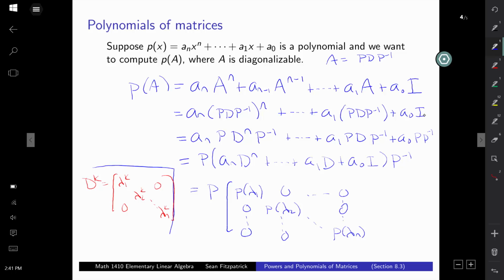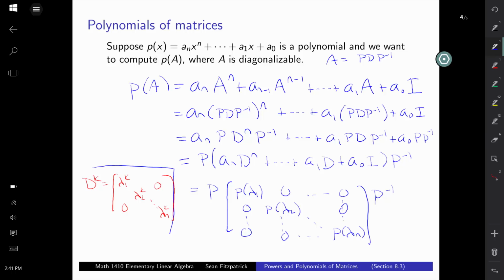You get a diagonal matrix whose diagonal entries are just the polynomial evaluated on each of the eigenvalues, with this matrix P on one side and P inverse on the other, right?